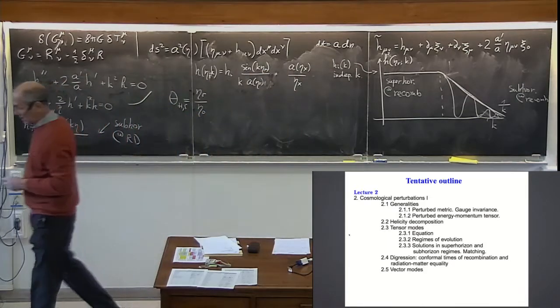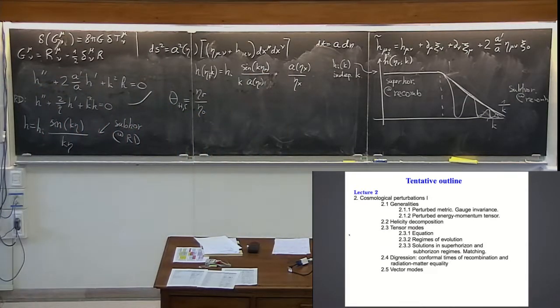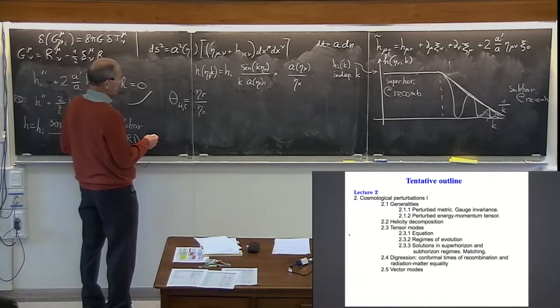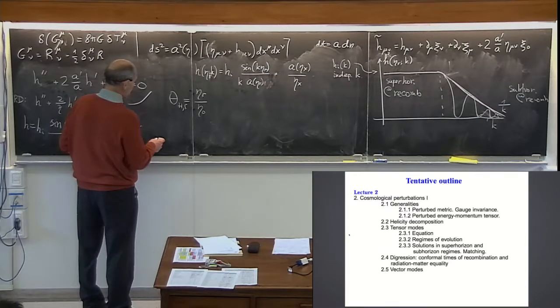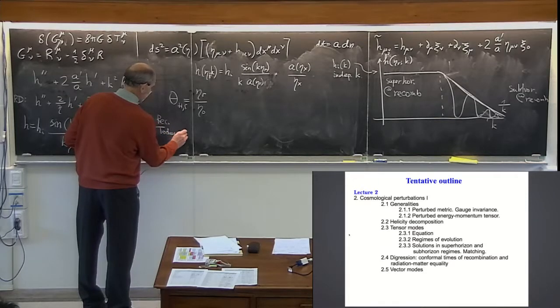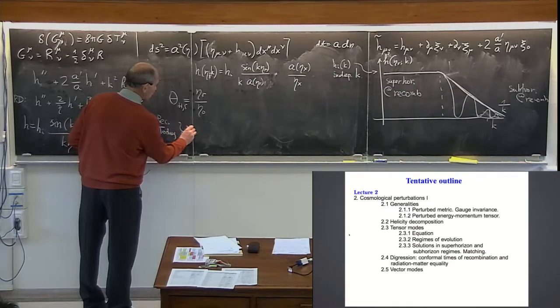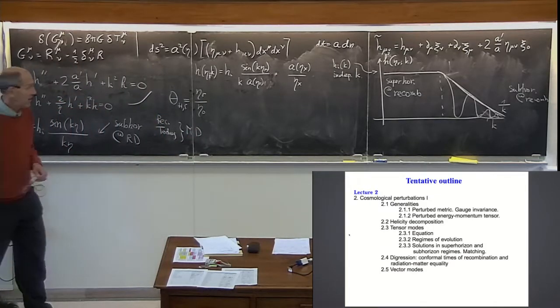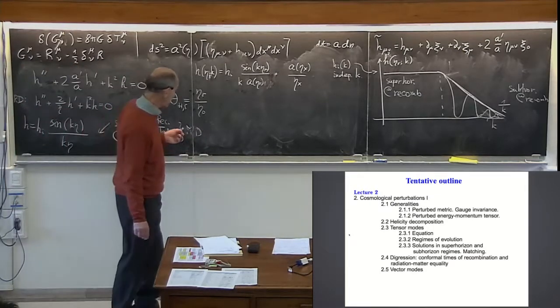A simple estimate comes from assuming that both recombination and today are at matter domination, which is not true. But for an estimate, let's assume that.